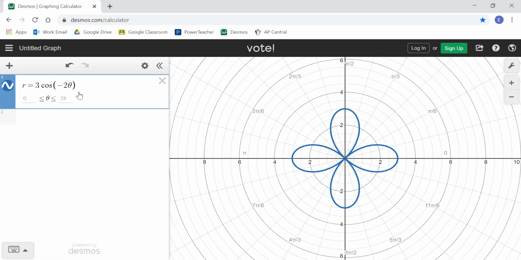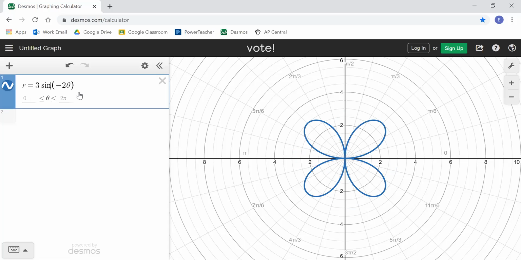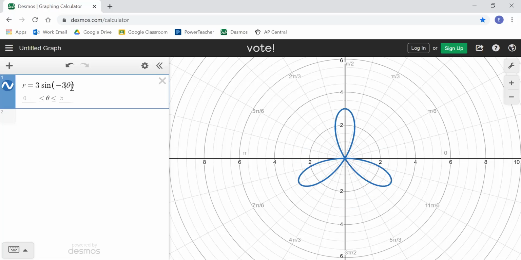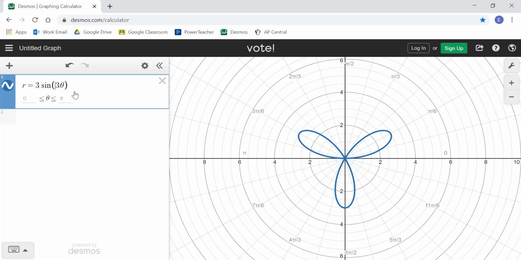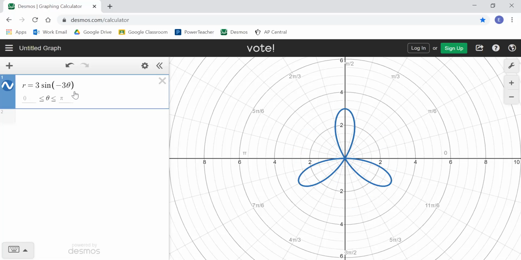For cosines, it will look the same. For the sine ones, if I have an odd value in there, it's going to sort of flip it around a little bit. So like -3 to 3, it just sort of flips it. I'm not going to give you any with negatives in there though, so I wouldn't be too worried about that. That's all it's going to do.